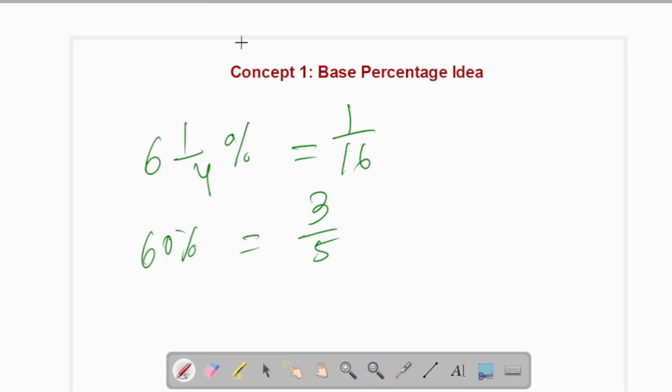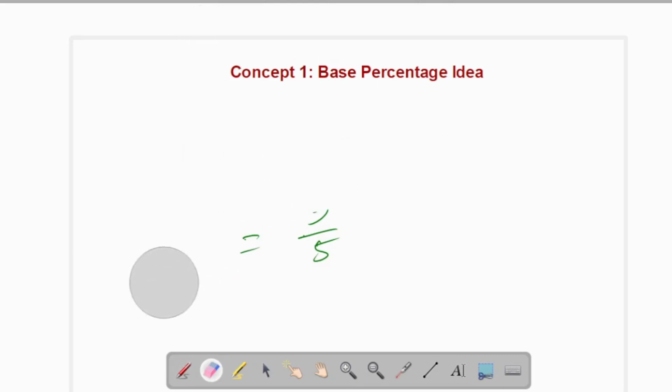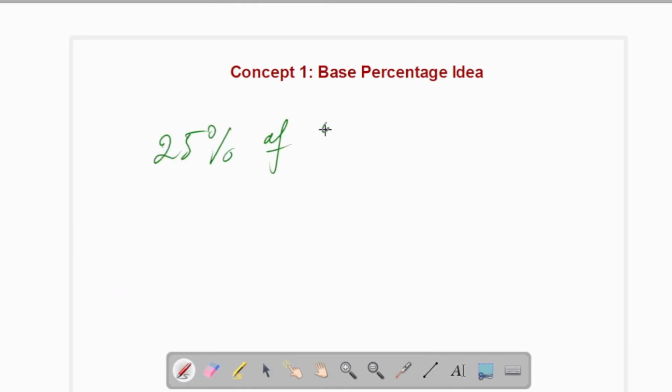Now, I will give you an example. Say I want to find 25% of 240. A student of class 8 or class 9 who has learned percentages for the first time will calculate 240 into 25 by 100.